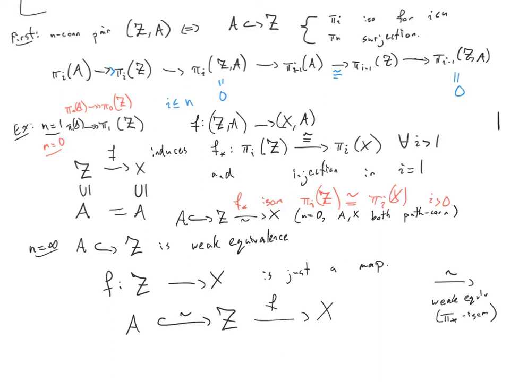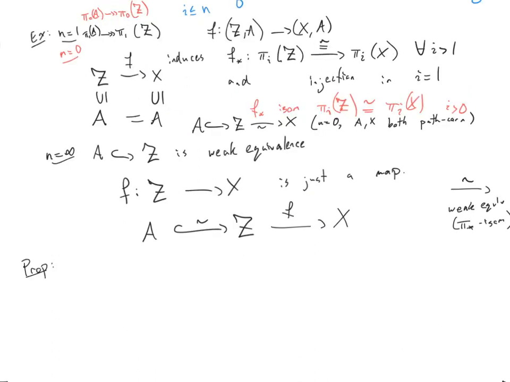So, okay. So the basic proposition is, for such pairs, these exist. So n-connected models, Z, A exist for all n greater than or equal to 0.